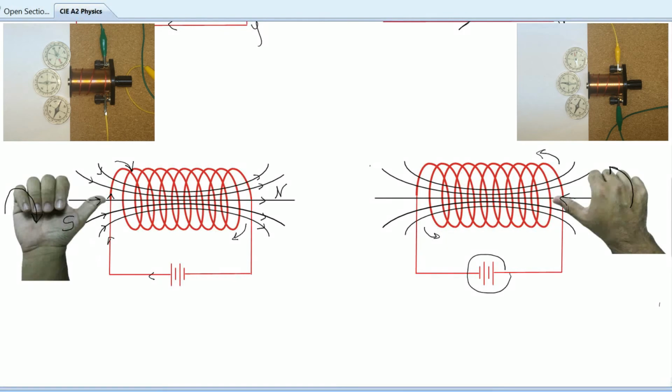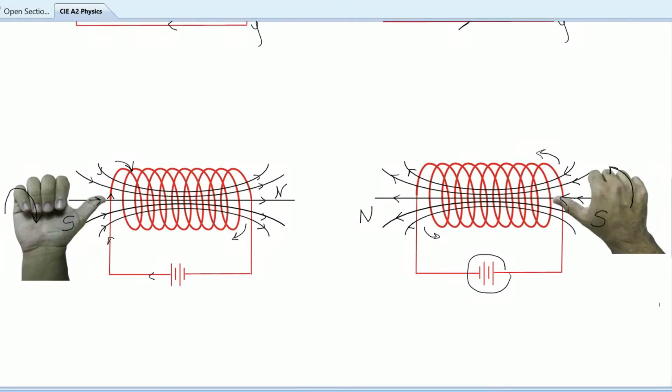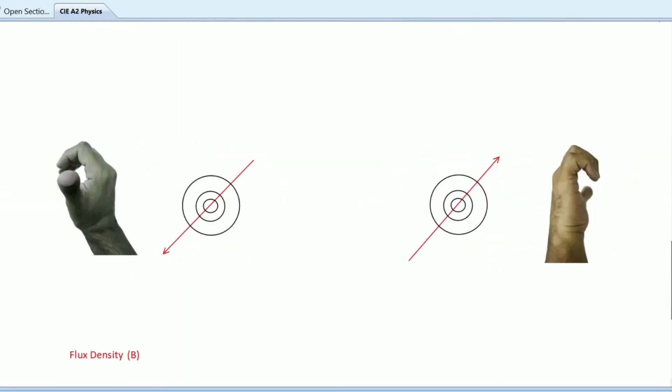So it goes out of the solenoid from the left side and into the solenoid from the right side. So you have a south pole on the right and a north pole on the left. And that's how you use the right hand grip rule to identify the direction of the magnetic field or the current inside a solenoid or a straight wire.